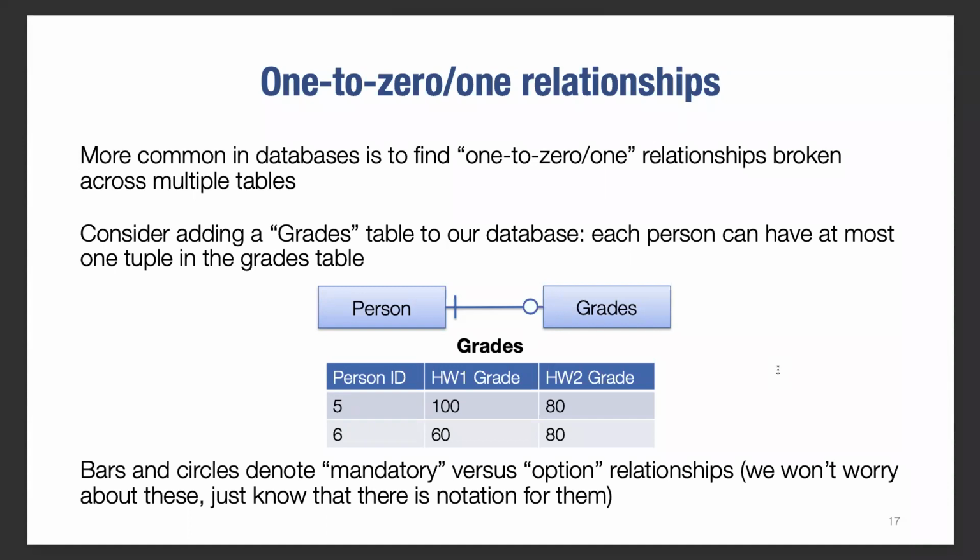So it's zero or one representation, and I'll explain. The premise for this example is a person and their homework grades. What this is saying is you could have a person without grades for the homeworks at all, or that person is only going to have one grade for each homework. Do you understand?